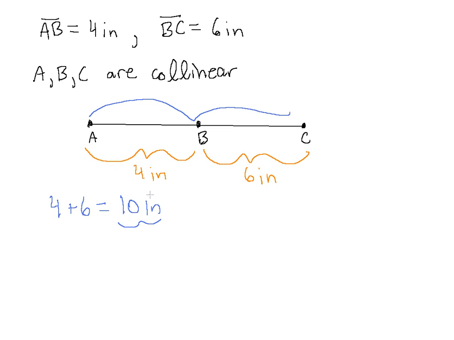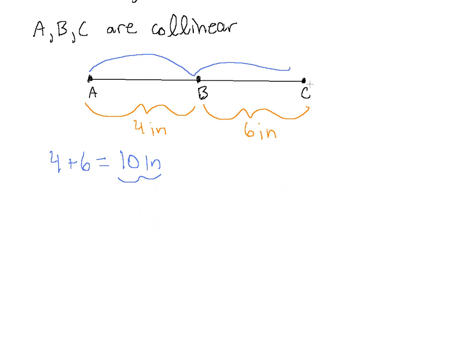Okay, now notice that if we weren't told that these points were collinear, the segment addition postulate couldn't be used. We still could have a segment AC, but it wouldn't equal 10 inches. And we'll go over some strategies about how to solve that in a later video. All right, so these 3 points are collinear, and we can use the segment addition postulate to find whatever distance we're looking for. All right, let's go ahead and squeeze in one more.